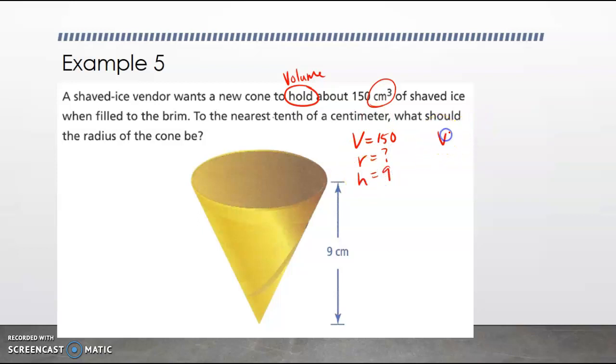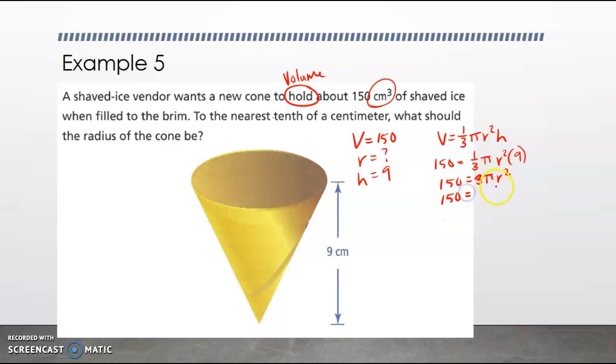So we're going to use the fact that volume equals 1/3 pi r squared height, and plug in 150 equals 1/3 times pi r squared times 9. From here, I would take 1/3 of 9, mostly because I know 9 is divisible by 3. So 150 equals 3 pi r squared, since 9 divided by 3 is 3. Then I'm going to take 3 times 3.14, which is 9.42.